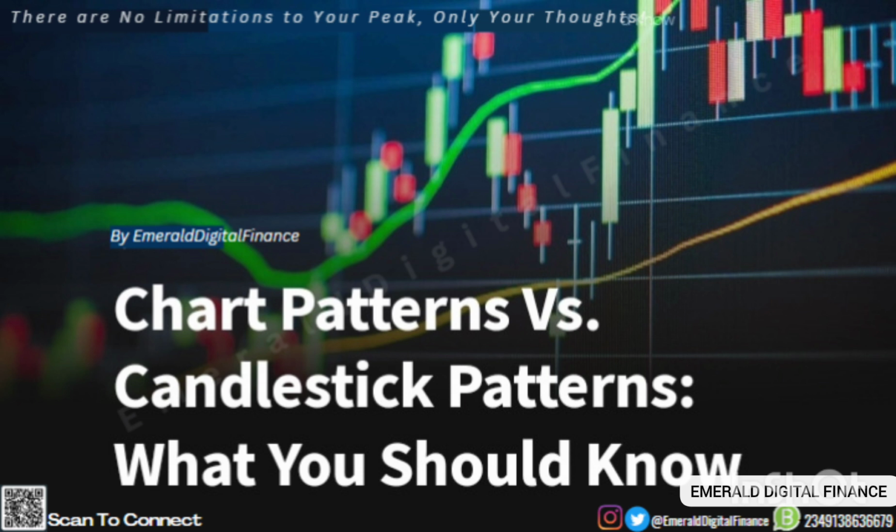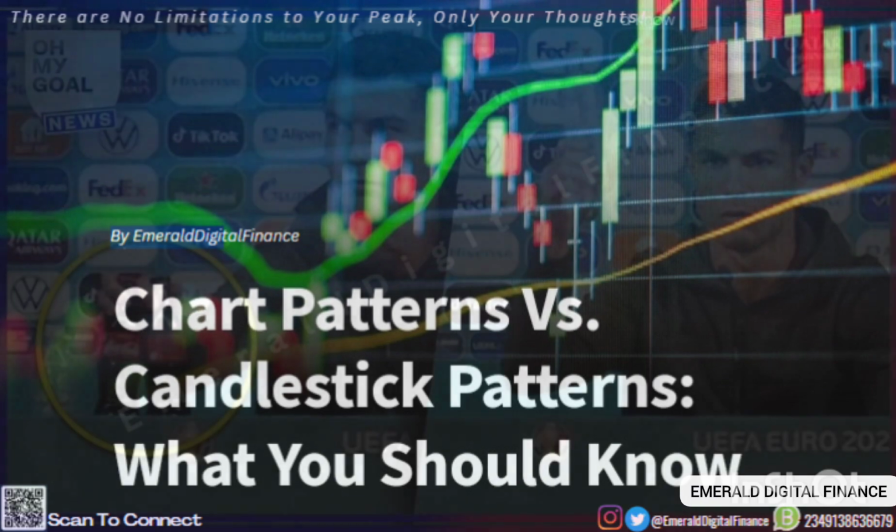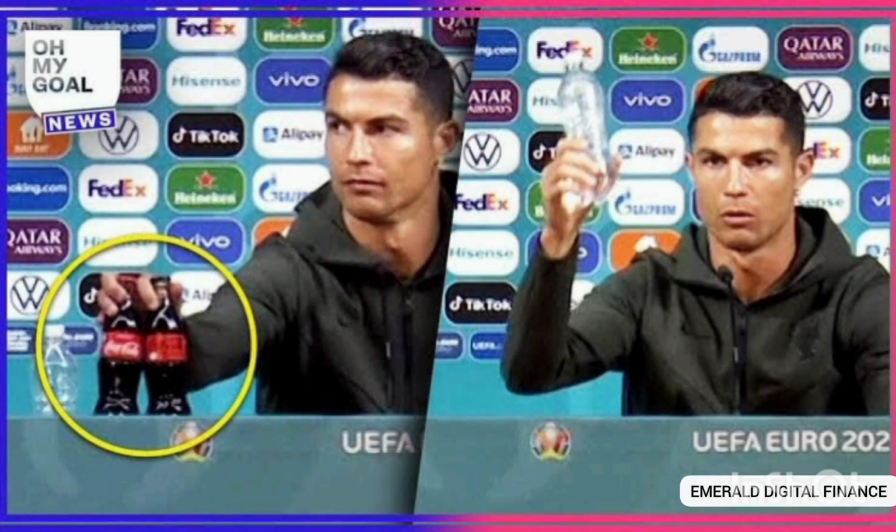So things like fundamental analysis, feeble or frivolous things such as news releases, maybe an artist did this or someone else did that, can affect the price of any commodity in the market. For example, there was a particular time when C. Ronaldo dropped the bottle of Coke for a water, and the stock price of Coke went down for that period of time.